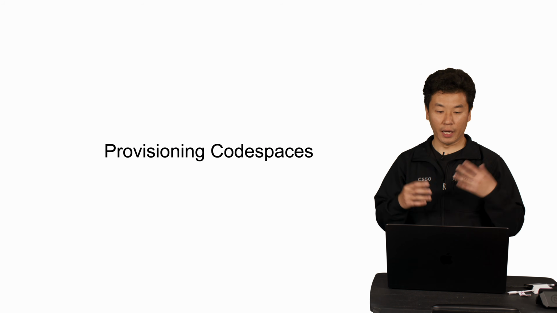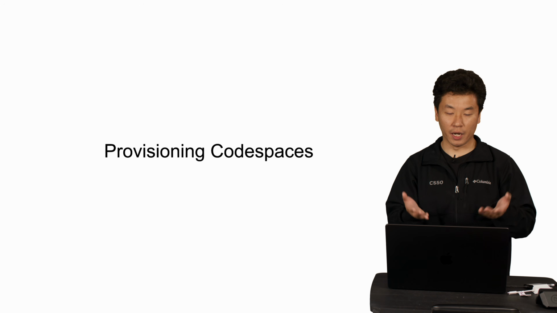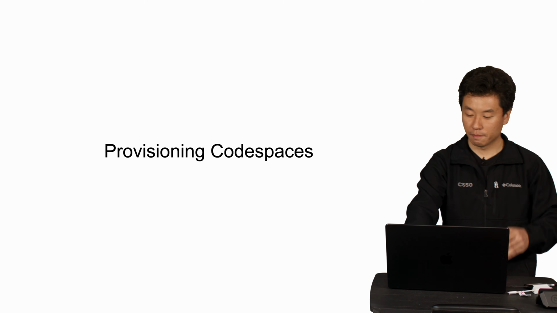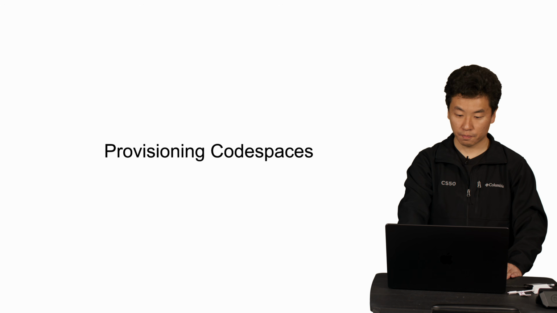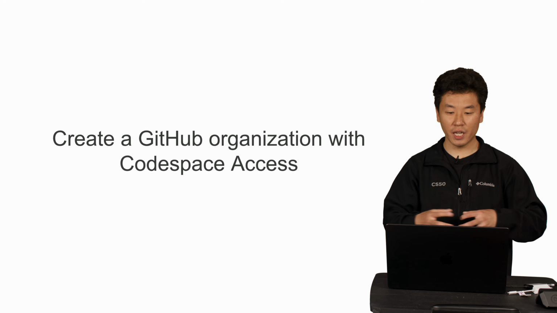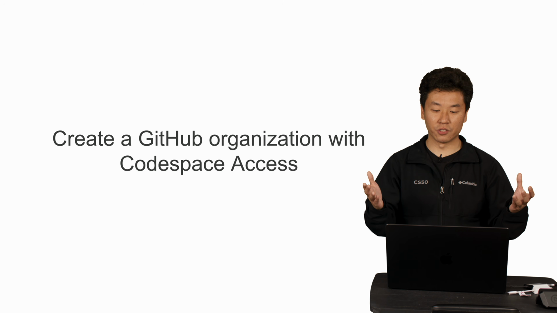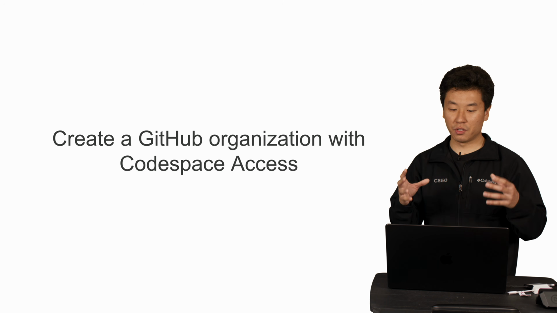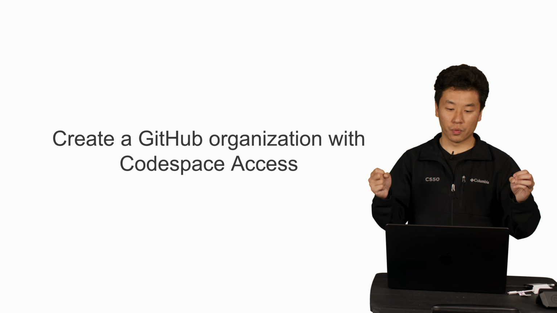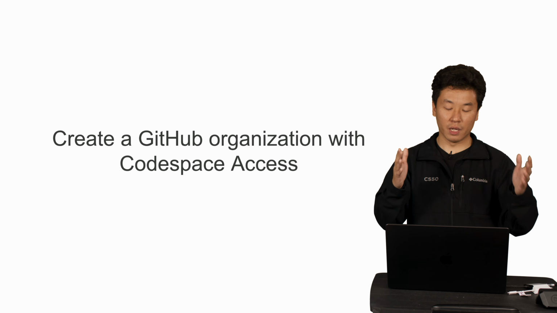So now I'm going to explain what's happening under the hood and what you can do to create your own codespace for your classroom. To get a codespace up and running, you need a GitHub organization. Again, all the CS50 tools are mostly built on top of the GitHub infrastructure, so everything surrounds GitHub services.